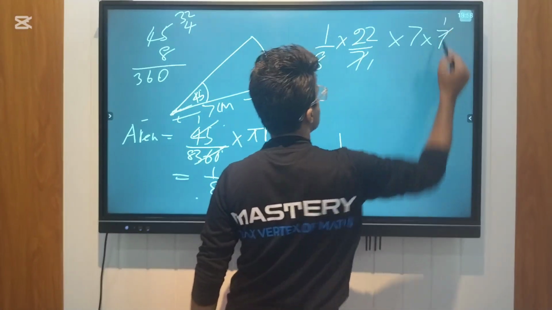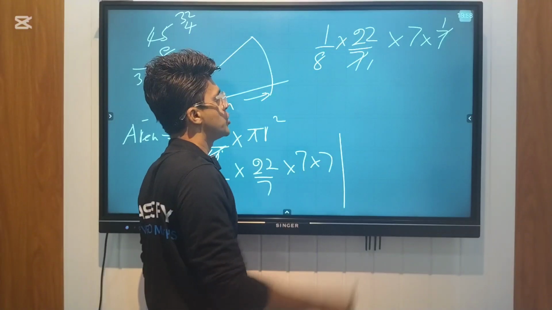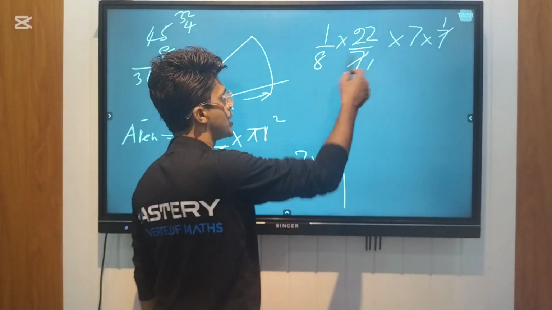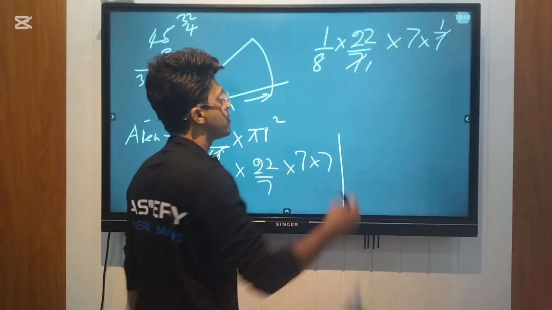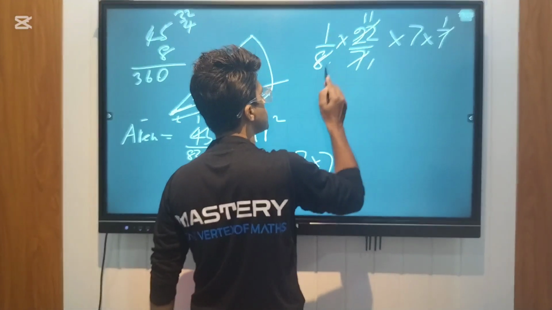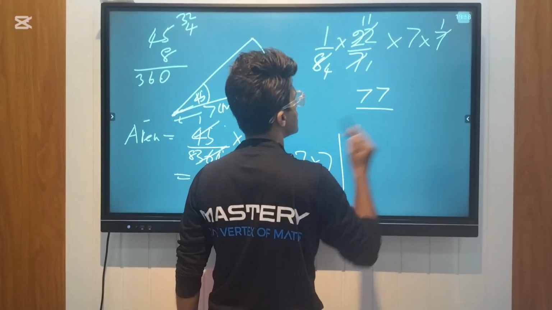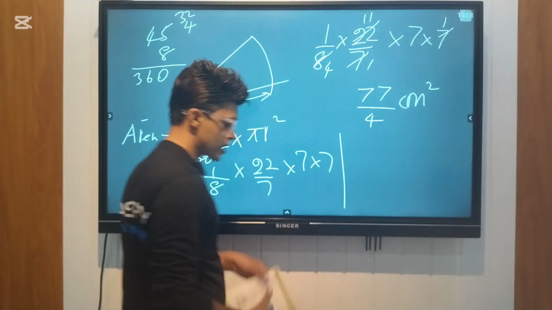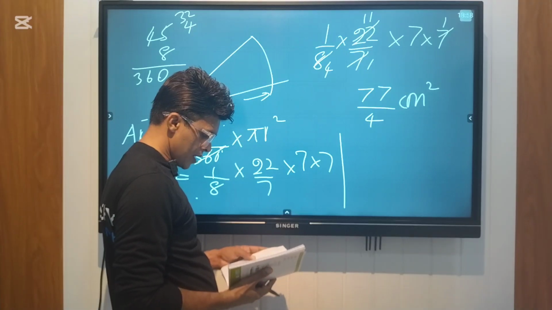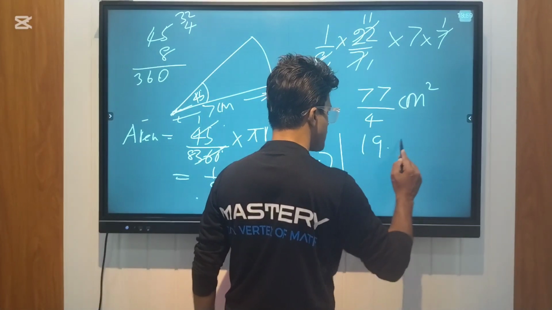Now this 22 and this 8 can be cancelled because 22 is a multiple of 2 and 8 is a multiple of 2. So we simplify as 11 and 4. 1 times 11 is 11, 11 times 7 is 77. 77 over 4. Don't forget the units must be mentioned. So 77 over 4 equals 19.25.